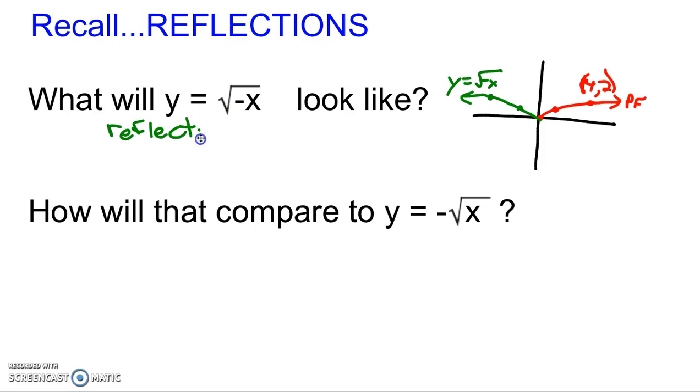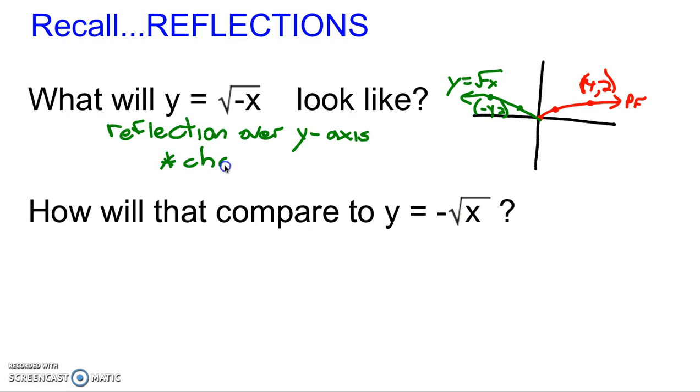So if we look at this as a reflection over the y-axis, let's look at the ordered pairs and how they've changed. The parent function has the point 4, 2. The corresponding reflected graph has the point negative 4, 2. So what changed is the x coordinate.